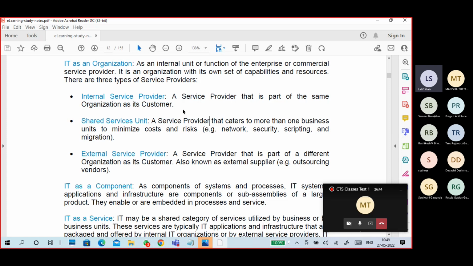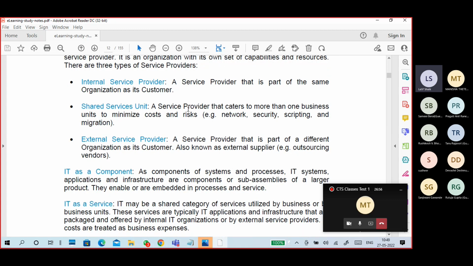For example, I need an email ID, VPN access, or some information. I ask my company's service desk people only. That is an internal service provider: my company providing service to me.